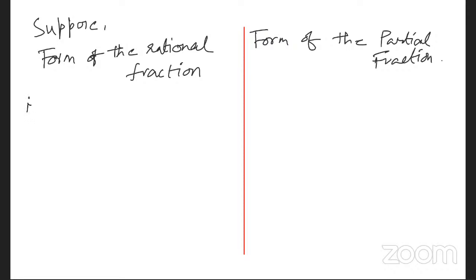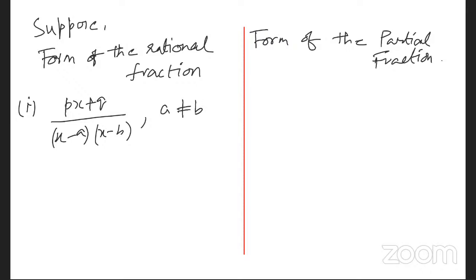So first, based on the first rule, suppose a proper fraction, we'll consider px plus q by x minus a into x minus b, and a is not equal to b. What would be the form according to rule 1? A by x minus a plus B by x minus b.